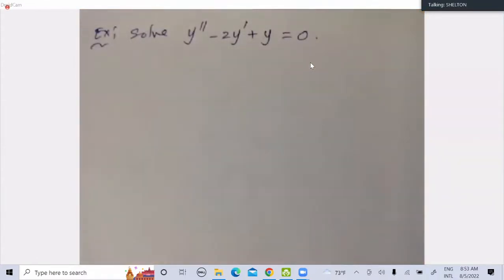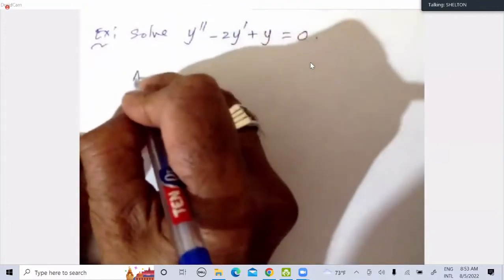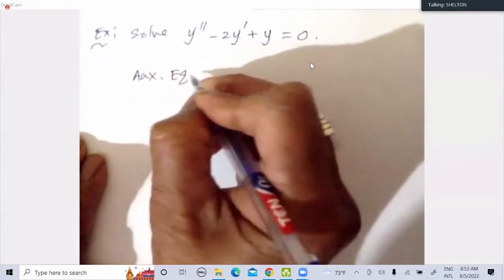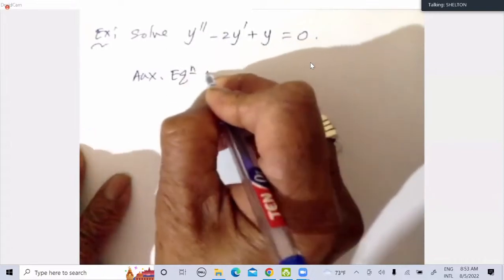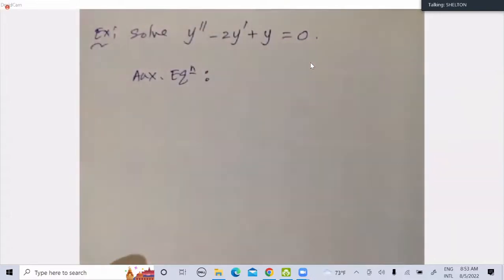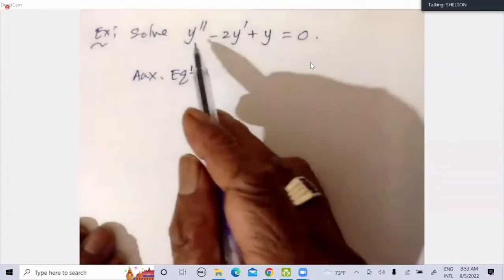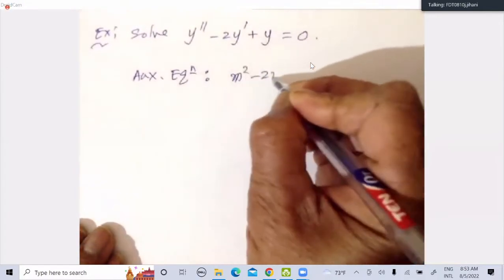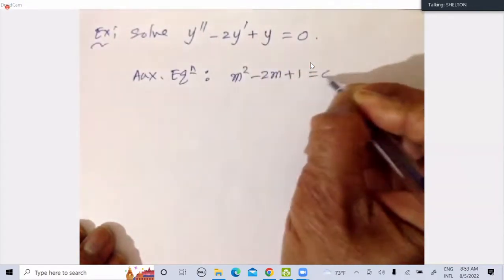Write down the auxiliary equation. What is the auxiliary equation? m squared minus 2m plus 1 is equal to 0.